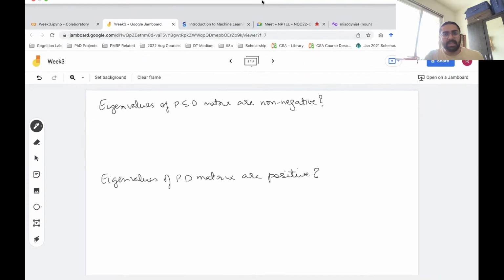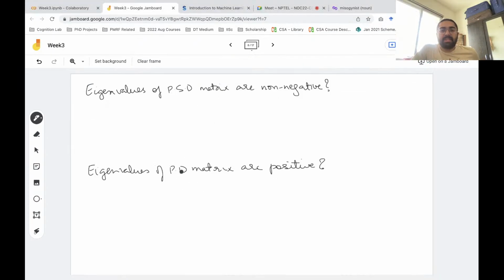The next question is, are the eigenvalues of a PSD matrix non-negative or positive and so on? So if you see here, let's say I have a PSD matrix A. What that means is x transpose AX is greater than or equal to 0 for all X. So for example, let's say the eigenvector is y with an eigenvalue lambda.